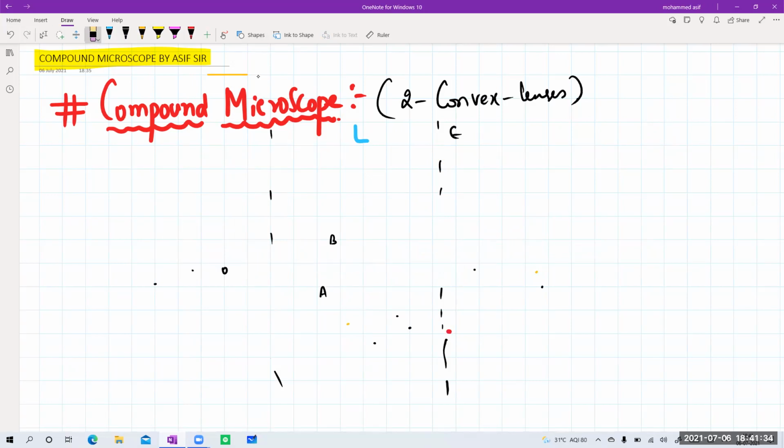I'll just check if I have the diagram for this one online. I'll directly take that one.